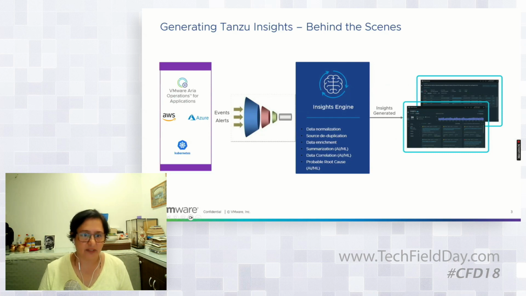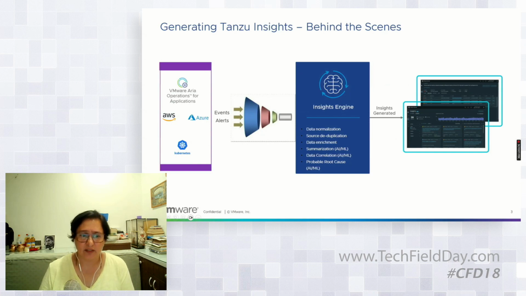Tanzu Insights is basically using events and alerts from multiple sources, be it Azure, AWS, Kubernetes, VMware Aria Operations for Applications, also known as Wavefront, or VMware Aria Operations for Logs, which you might know as Log Insight.